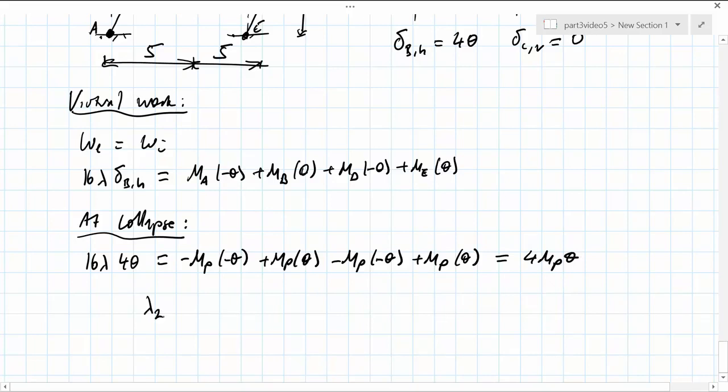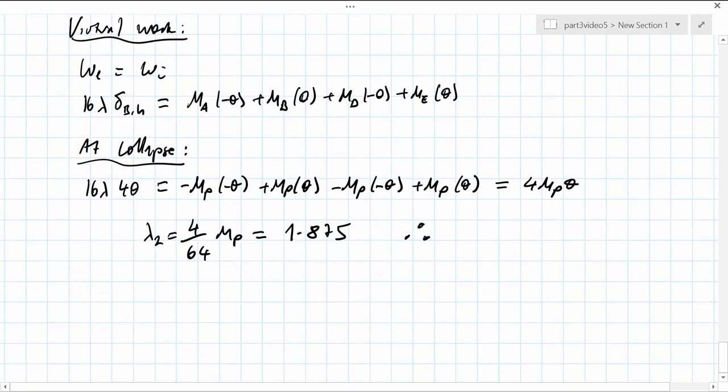Solving then for the collapse load factor for this mechanism, we get 4 over 64 times by MP, or substituting in for MP, 1.875.